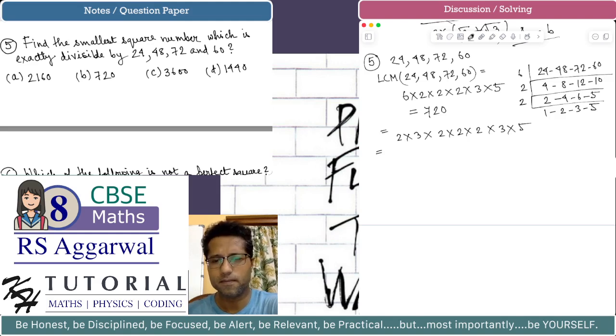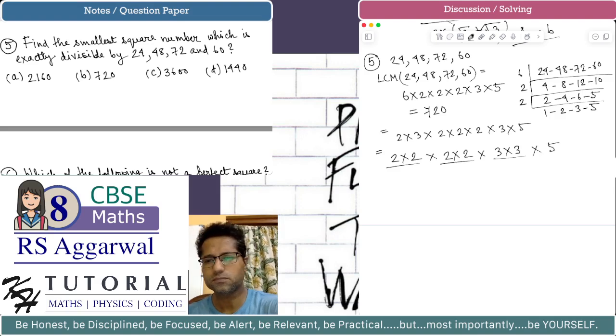Then we create pairs of equal factors. So we have 2 into 2, this is one pair, and again 2 into 2, this is another pair, and 3 into 3, this is another pair, and we are left with 5.